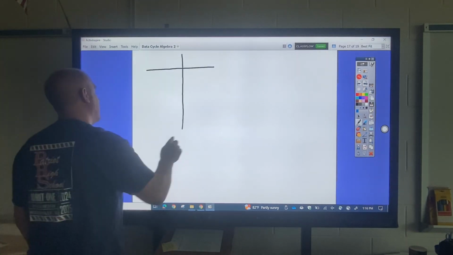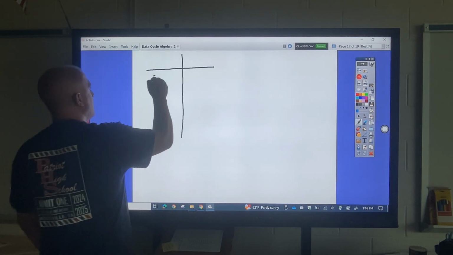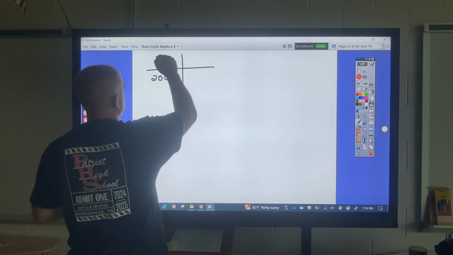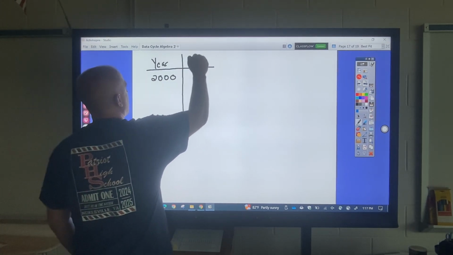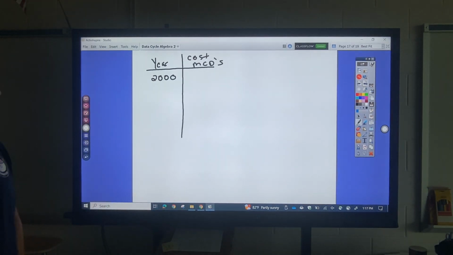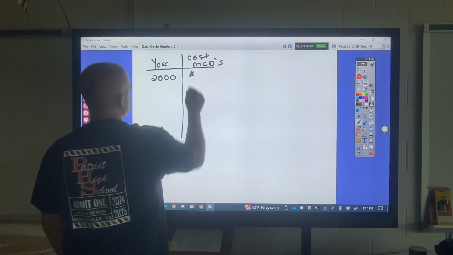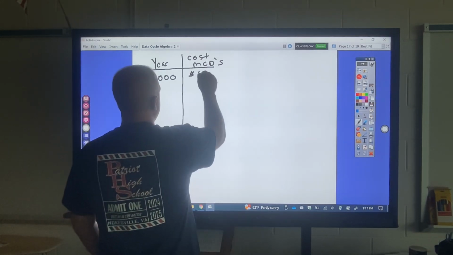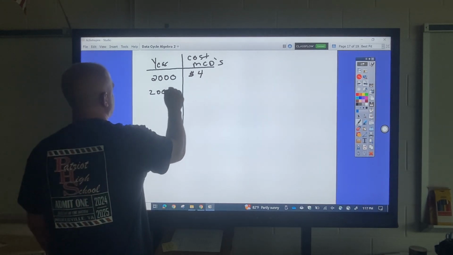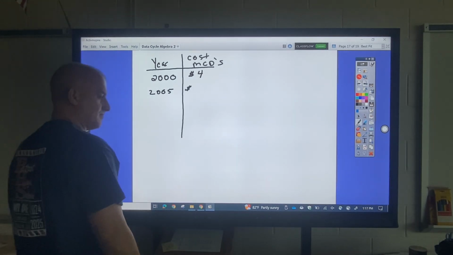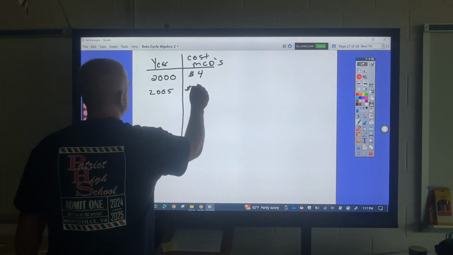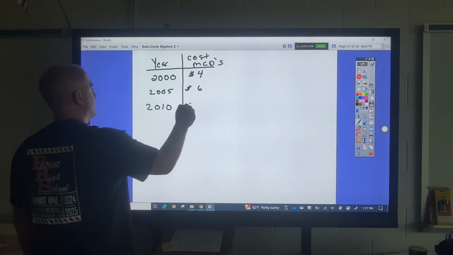You'll see stuff like in the year 2000, let's say the cost of McDonald's is, let's say that's $4, and you're gonna be shocked, that's what it was. 2005, let's say it was $6. 2010, let's say it was $7.